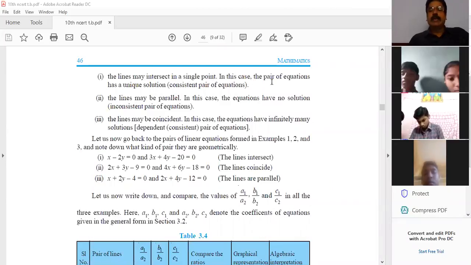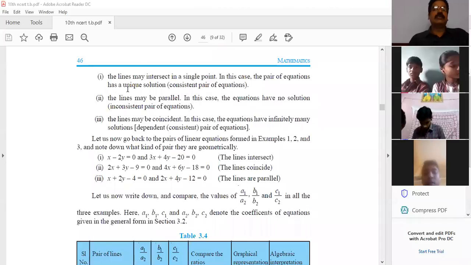In this case, the pair of linear equations has a unique solution. That means those equations are called a consistent pair of linear equations. This is the first case: a unique solution means they are intersecting, consistent.